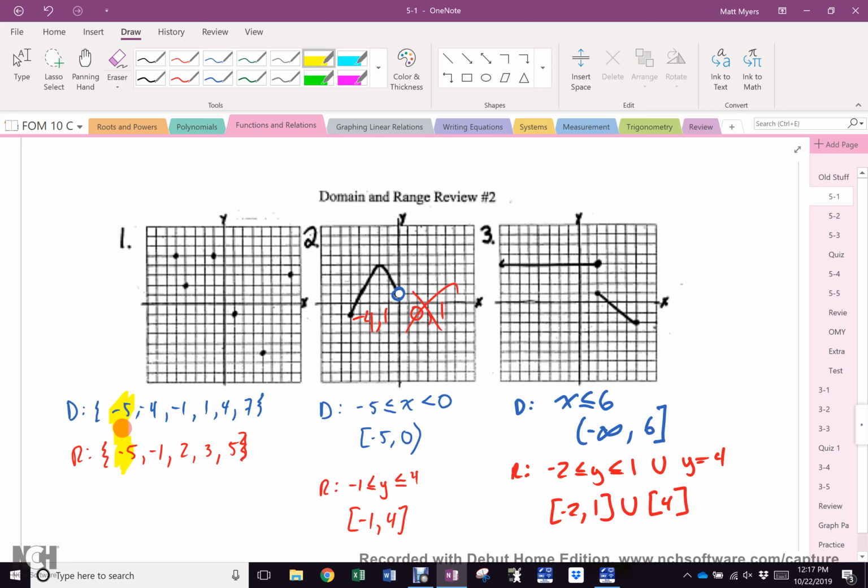That is just a domain value and a range value. They are not an ordered pair. Does everybody understand that? All these two lines mean is that the lowest x value is -5 and the lowest y value is -5. But there is no point on the graph that is -5, -5. Okay?